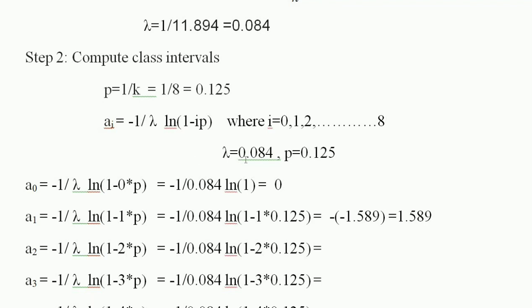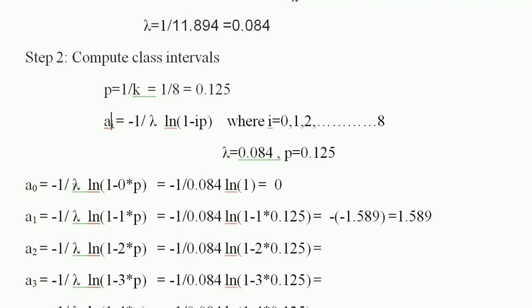So here the lambda value is equal to 0.084, which we got in step 1, and the p value here is 0.125. First, A0, where the i value is 0. Substitute 0 in the place of i.